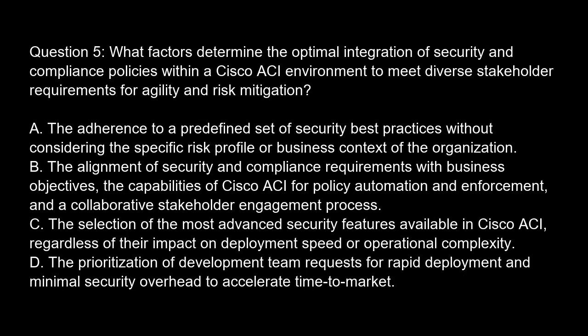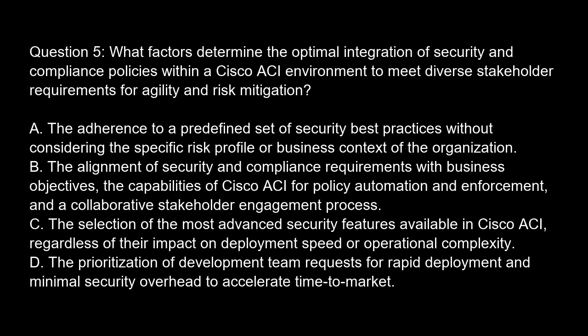Question 5. What factors determine the optimal integration of security and compliance policies within a Cisco ACI environment to meet diverse stakeholder requirements for agility and risk mitigation? Option A. The adherence to a predefined set of security best practices without considering the specific risk profile or business context of the organization.